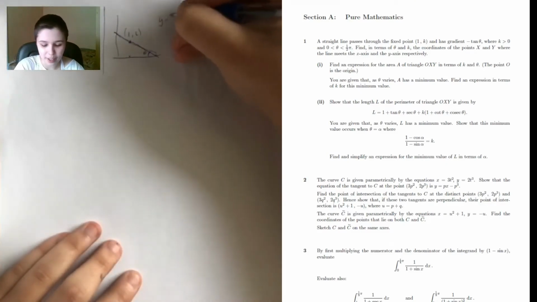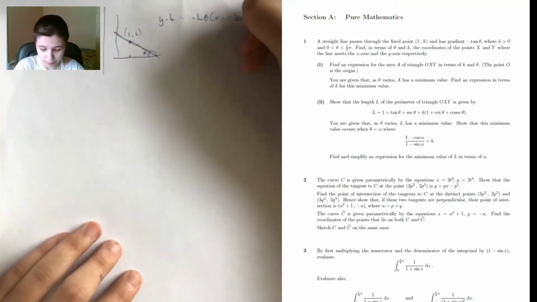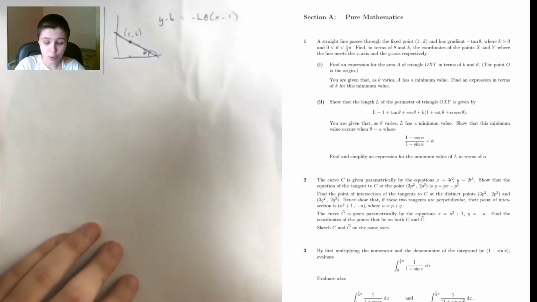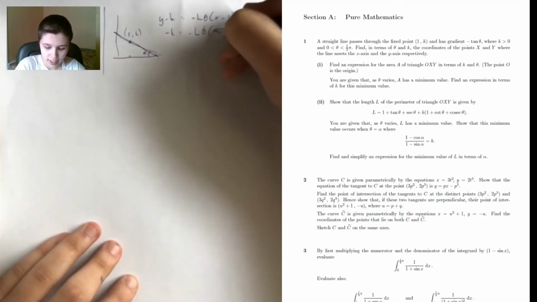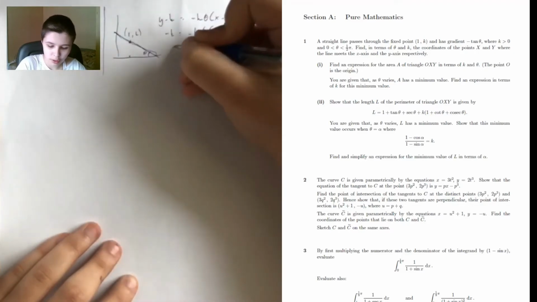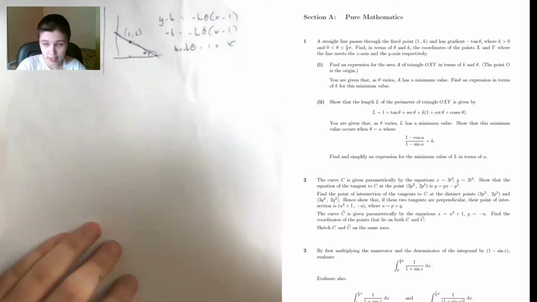So y minus k is equal to minus tan theta times (x minus 1). At y equals 0, we have minus k is equal to minus tan theta times (x minus 1). So k cot theta plus 1 equals x, that big X.